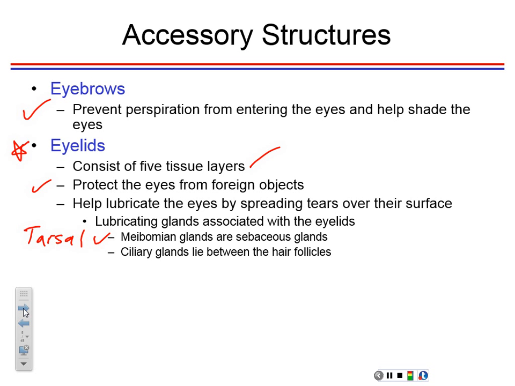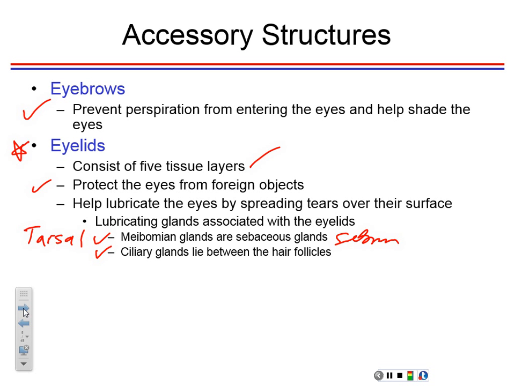And then the ciliary glands, which are located between the hair follicles of the eyelashes, okay, these are sebaceous glands, so they produce sebum. And sebum is kind of like a semi-solid oily thing, just like the sebaceous glands associated with sweat glands.